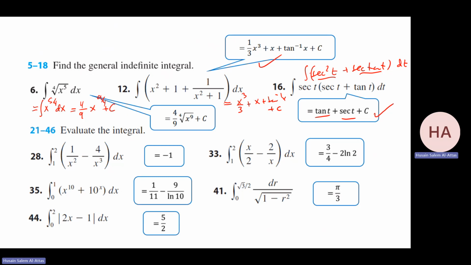Now for the definite integral, number 28. Just to be sure of the calculation.